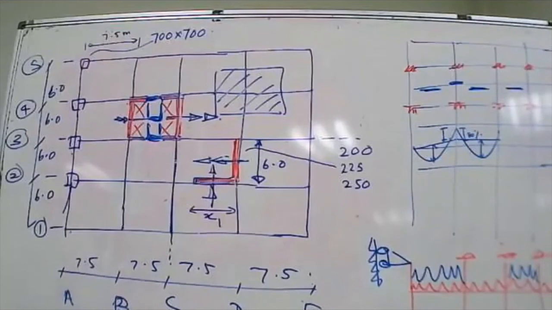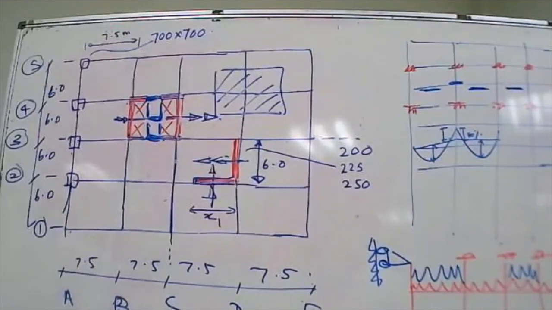Basically, columns will not form hinges because the column has a bigger section in compression. If the column is large, always the hinge will be in the beam. Columns will not form hinges because most of the area of the column is in compression. So always the hinge will form in the beam, not in the column.